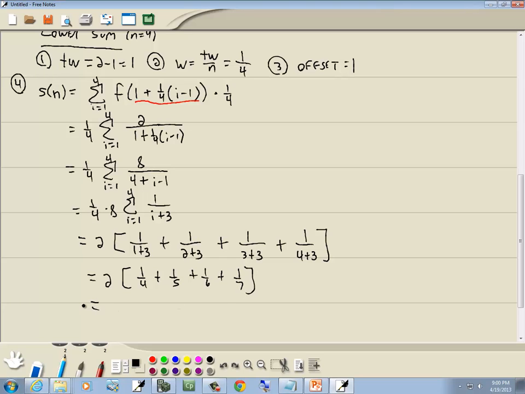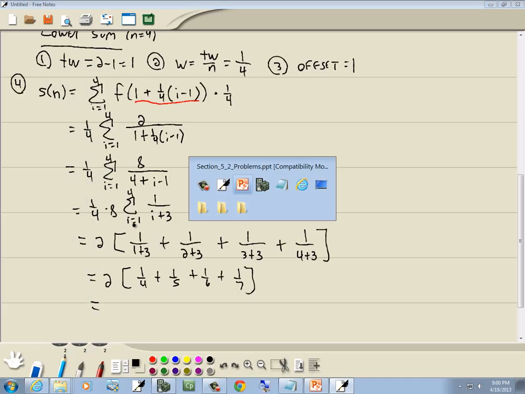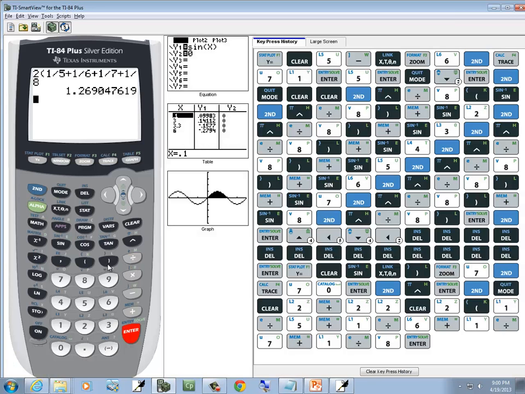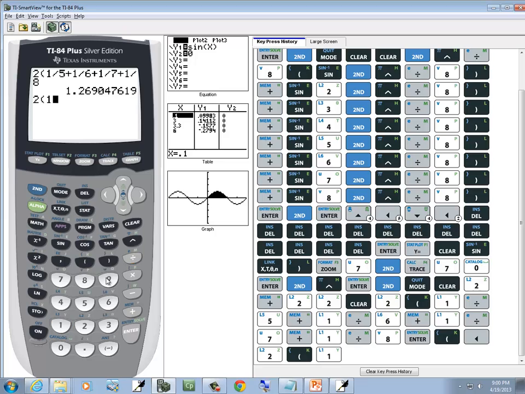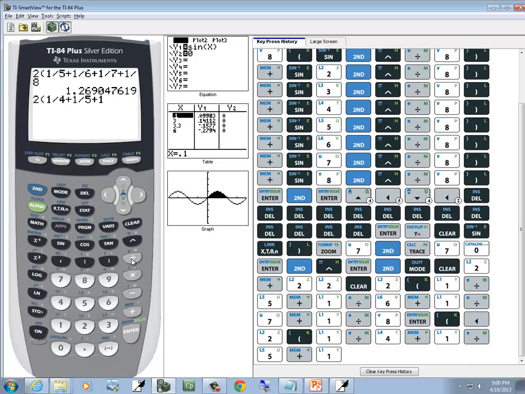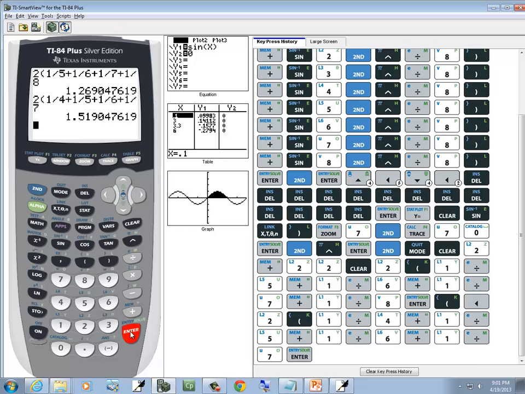And let's see what that gives us. So 2, and then beginning parentheses, 1 divided by 4 plus 1 divided by 5 plus 1 divided by 6 plus 1 divided by 7, enter.